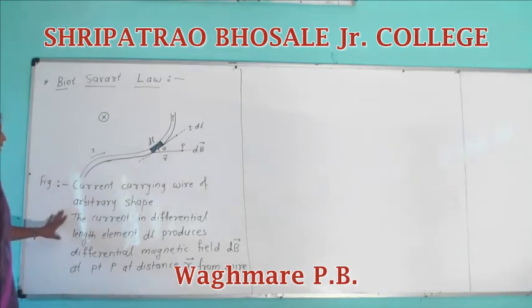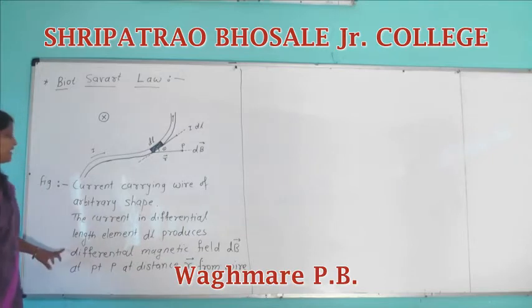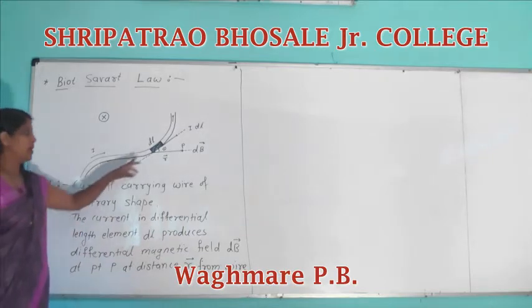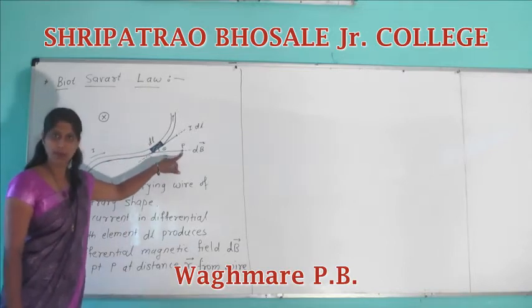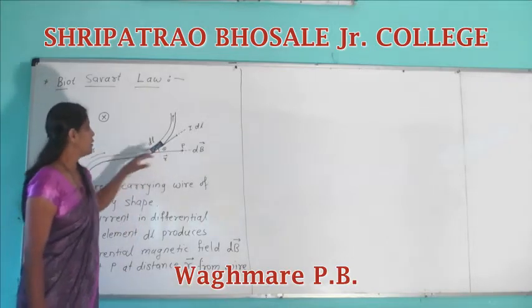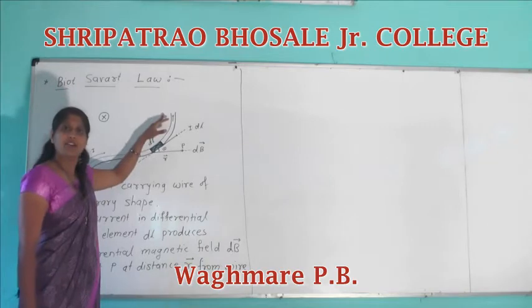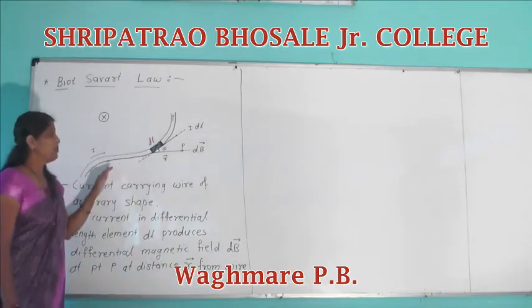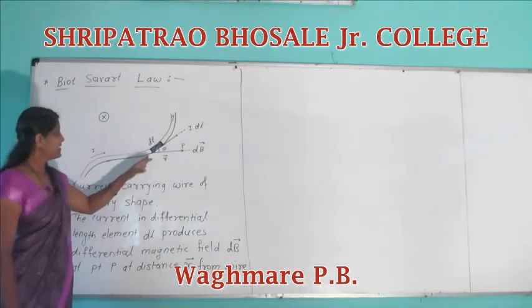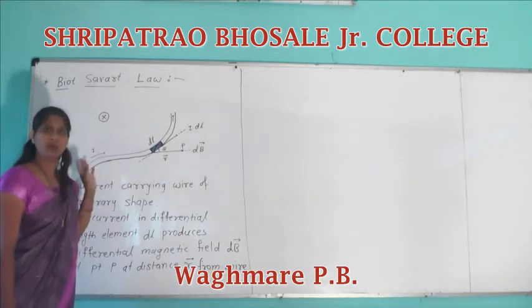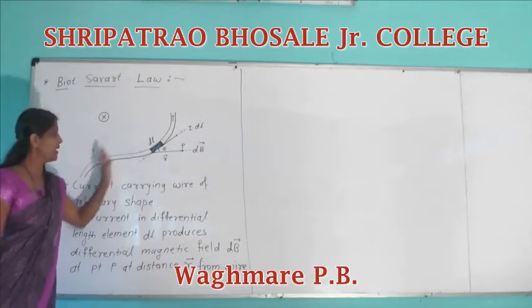So here the current in differential length element dl produces a differential magnetic field dB at point P. We have to find out the total magnetic field of the wire, but initially we consider only a small length.